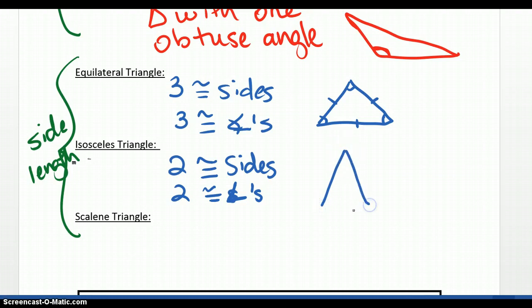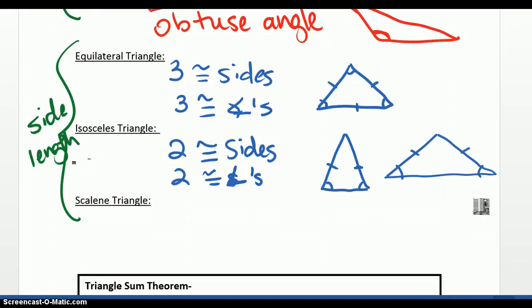So these two sides are equal, but then the third one here is a little bit shorter. So those two are equal, and if those two are equal, then the two angles here are equal. Or you might have one that's really spread out, like this. So this is an obtuse angle at the top. These two sides are the same, and then these two angles are congruent to each other. So that's a way that isosceles triangles can look.